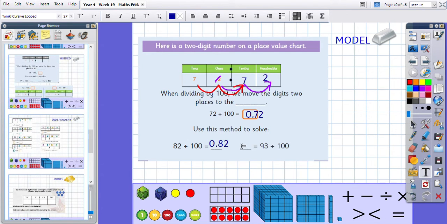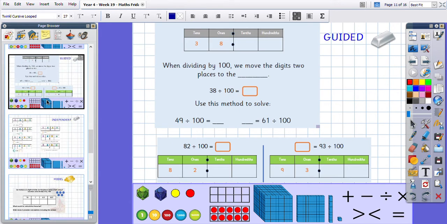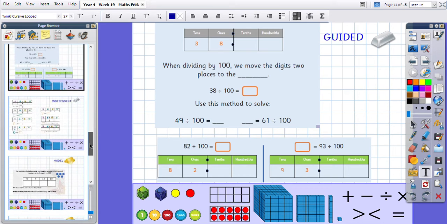So moving 2 places to the right, would be 0.93. So have a go at these independently, thinking about how many places we move when we divide by 100. Have a little go and then we'll go through them before you do your silver questions.